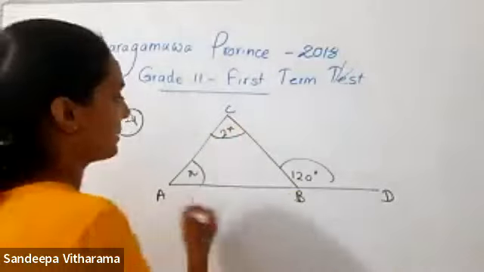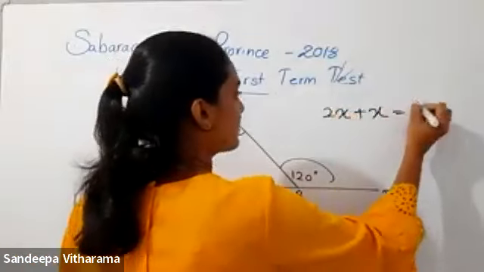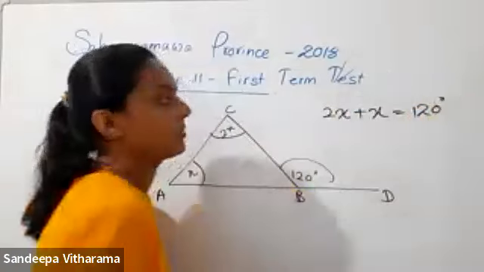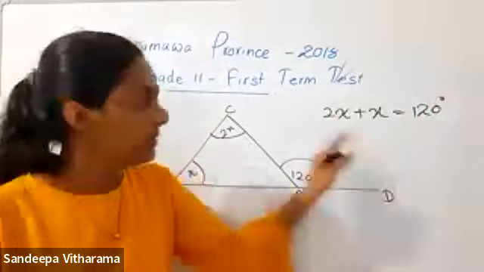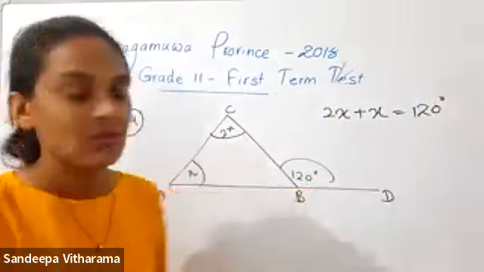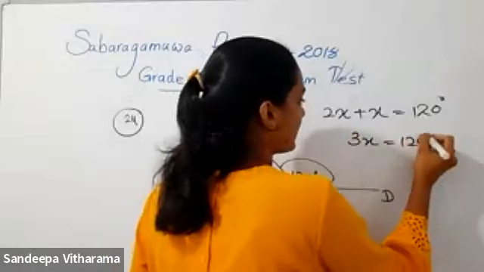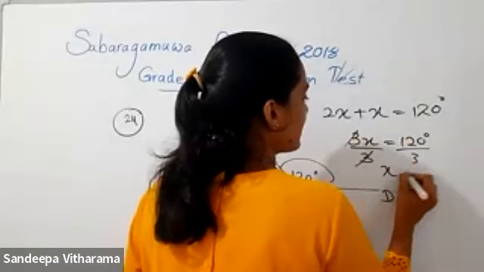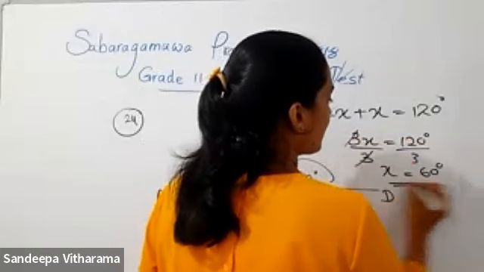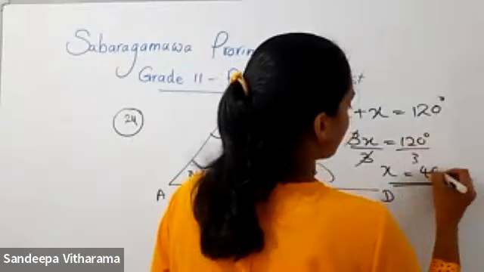Then how do we do it? Then 2x is added to x equals 120. Okay? Then you should know about this theorem. If you know this, then you can write this at once. So 2x plus x is 3x equals 120. Divide both sides by 3, then x is equal to 40.